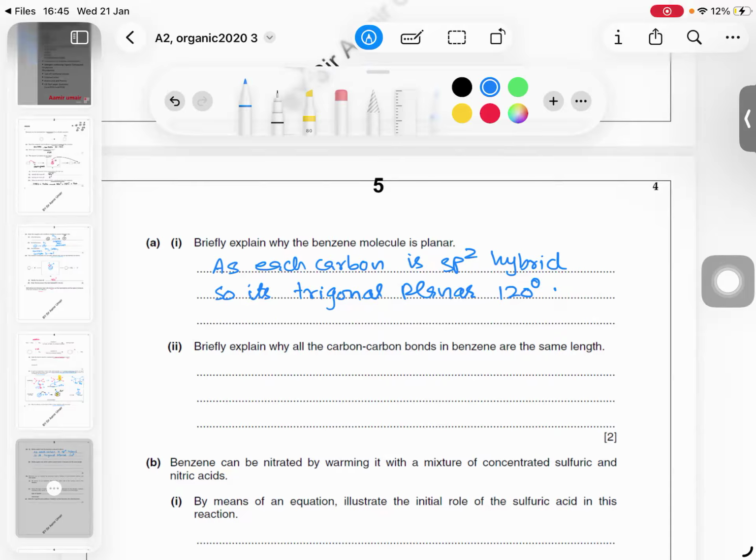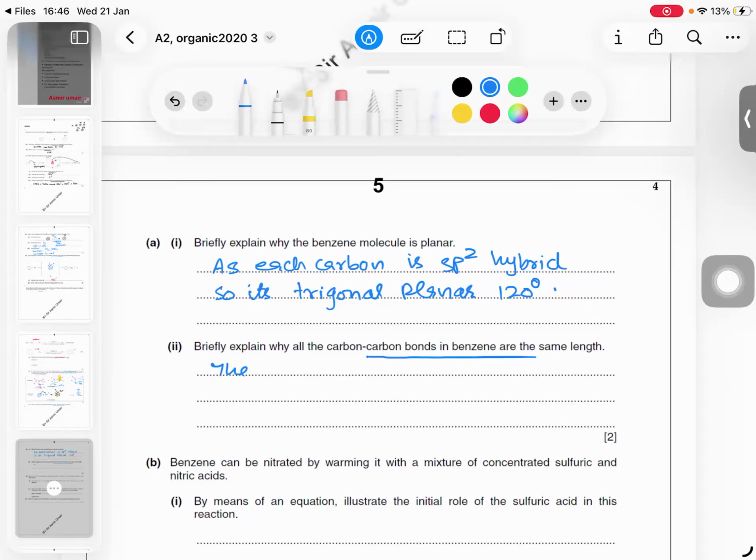Then they ask you, why are the carbon-carbon bonds in the benzene ring of the same length? You remember I told you when they did X-ray analysis, they were thinking one of them would be shorter and one of them longer. Out of 6 bonds in benzene, 3 of one length and 3 of another length. But all of them were the same length. Why? Yes, because of the delocalized pi electron cloud. So there is no double and no single bond. The pi electrons resonate, they are delocalized over the whole ring. That's why they're not like a double bond and not like a single bond.